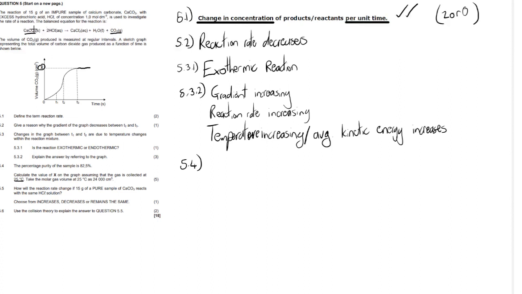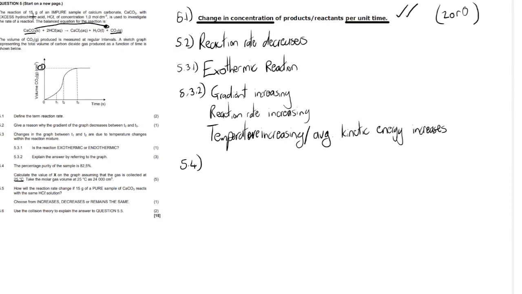If the gradient is flat, that means the reaction has gone to completion, and all the reactants have formed products. I think this is standard stoichiometry. Okay, so let's have a look first.